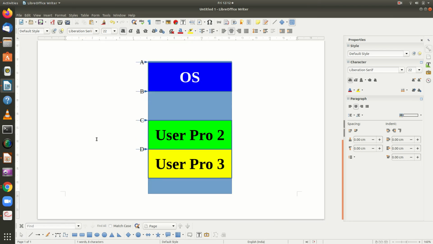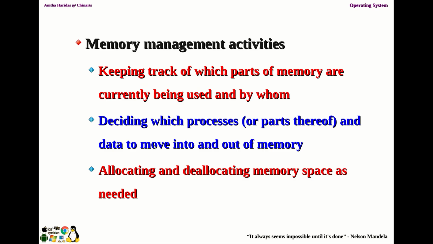So the memory manager will keep track of which part of the memory is used by whom, and not only that, this is the one which will decide when a process has to be loaded into the primary memory and when it has to be removed or deleted from the primary memory. So that will also be decided, and based on this decision policy, it will allocate and deallocate the memory space as and when required.